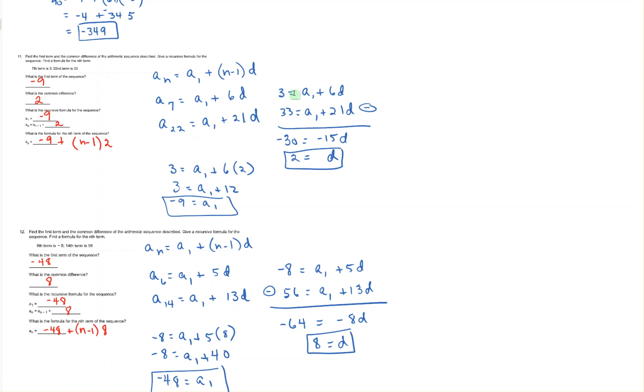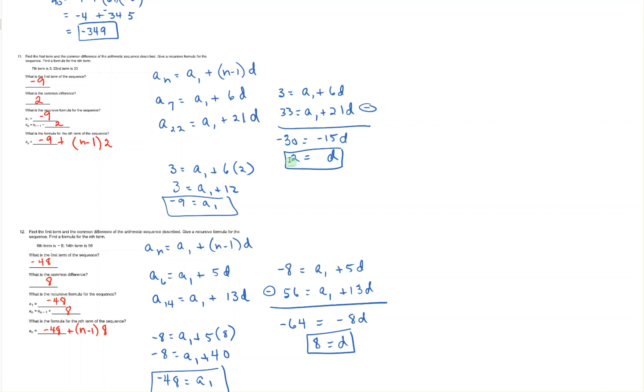So now we've got these two equations. Remember, if you think back to algebra, you can solve a system of equations. We're going to subtract this one from this one. So 3 minus 33 is negative 30. The a sub 1's disappear because you're subtracting. 6d minus 21d gives you negative 15d.